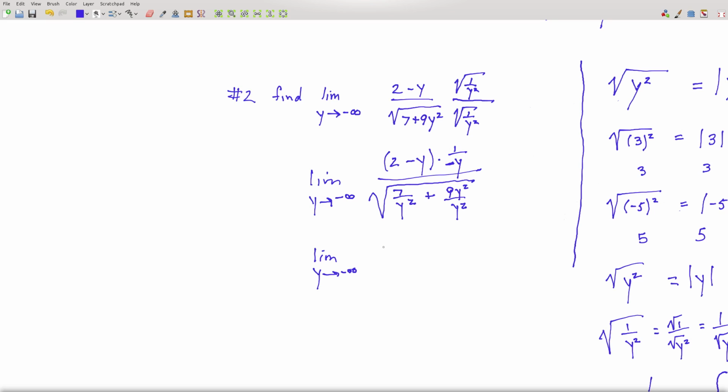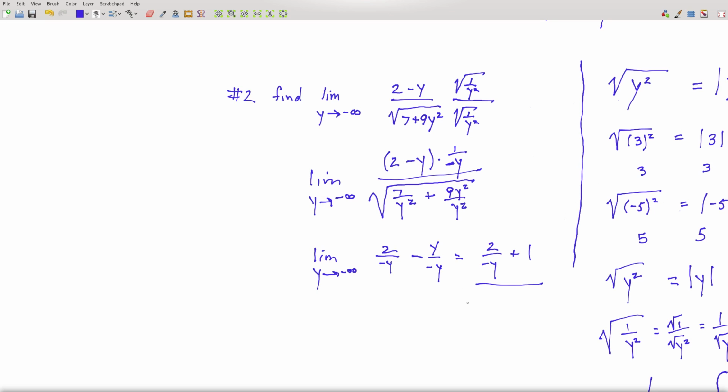This becomes 2 over negative y. Now it's going to be minus y over negative y, right? Which is the same as, this is now 2 over negative y plus 1. That's what I have on top, right?